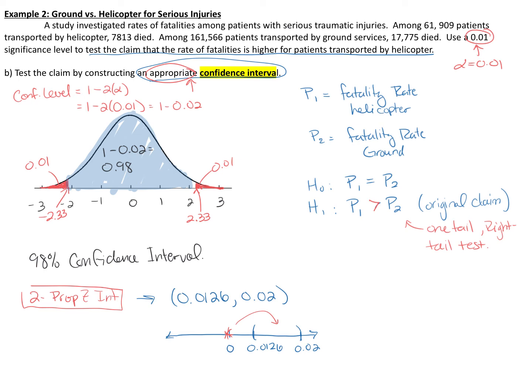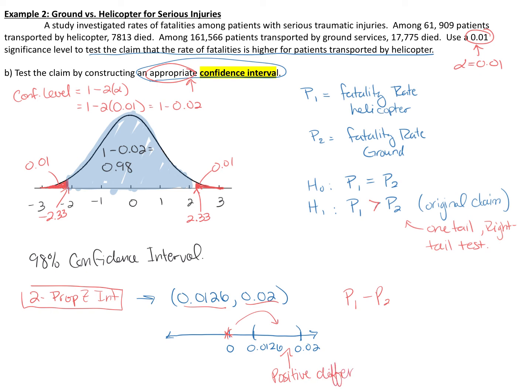So this confidence interval tells us that we are 98% confident that the difference between P1 and P2 lies somewhere between 0.0126 and 0.02. Notice that these values are all positive numbers, so these are all positive differences.